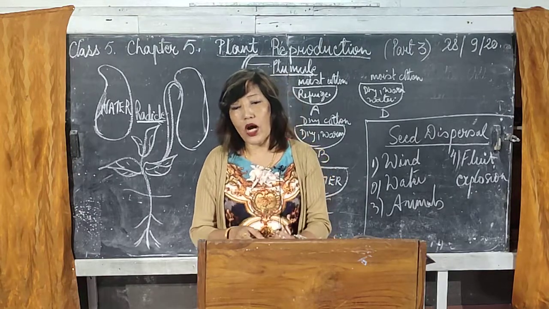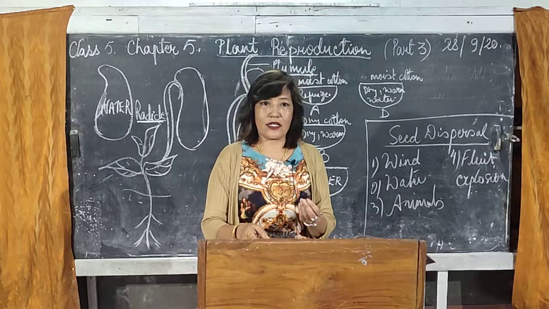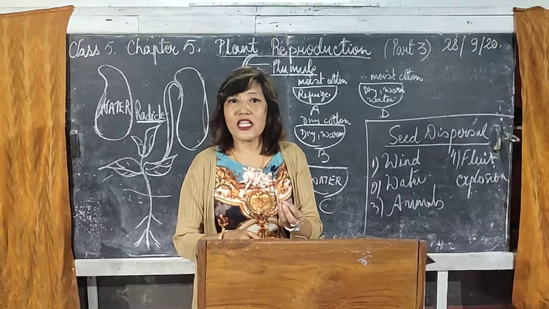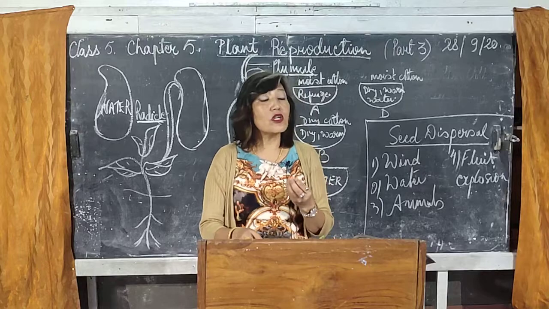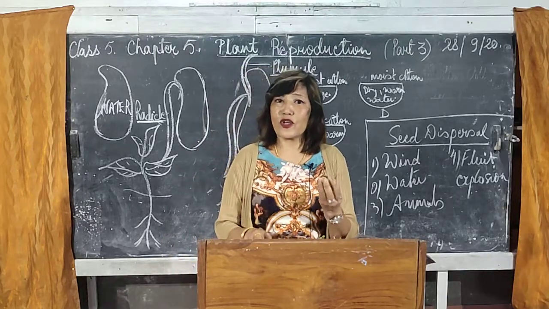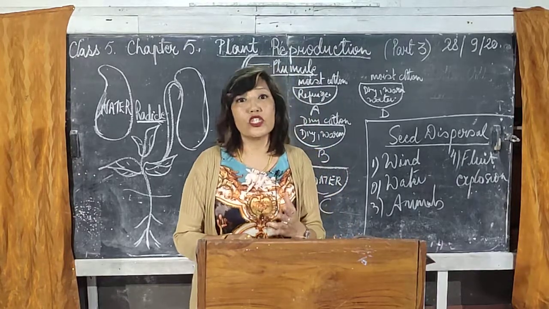And the third one is the warmth or the sunlight. This warmth will help the cells of the seeds to be active so that they can divide. That's why seeds need the three favorable conditions, that is air, water and warmth, to germinate.